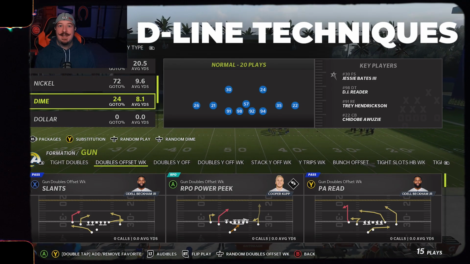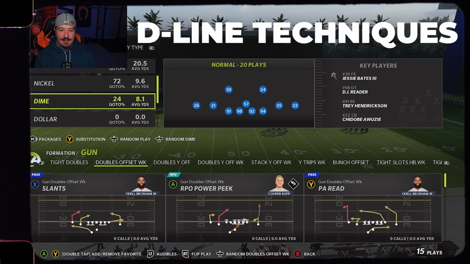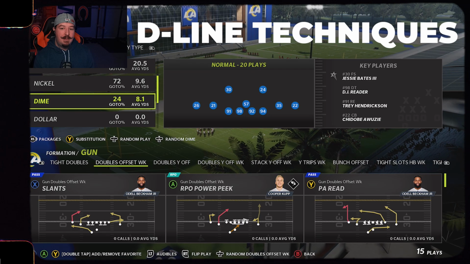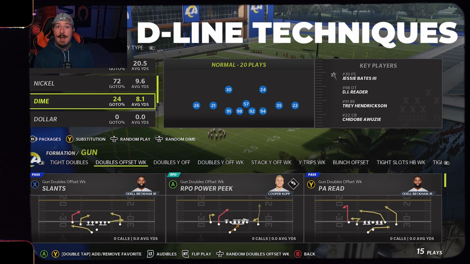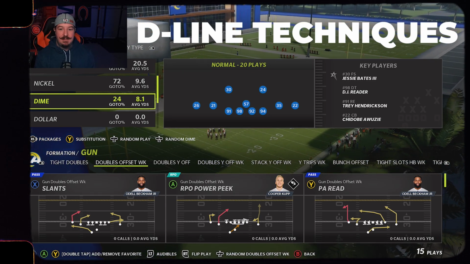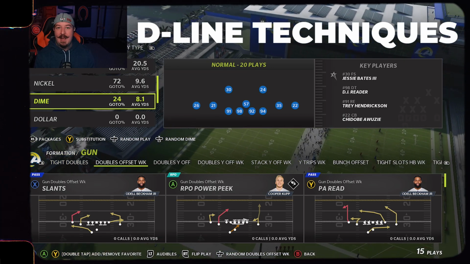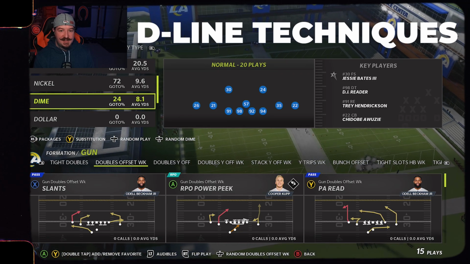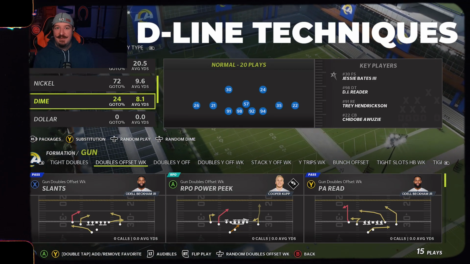But those are the techniques as it pertains to the gaps, the way the linemen line up in the gaps, and a lot of this nomenclature that you hear is going to be in reference to a certain type of defensive tackle.